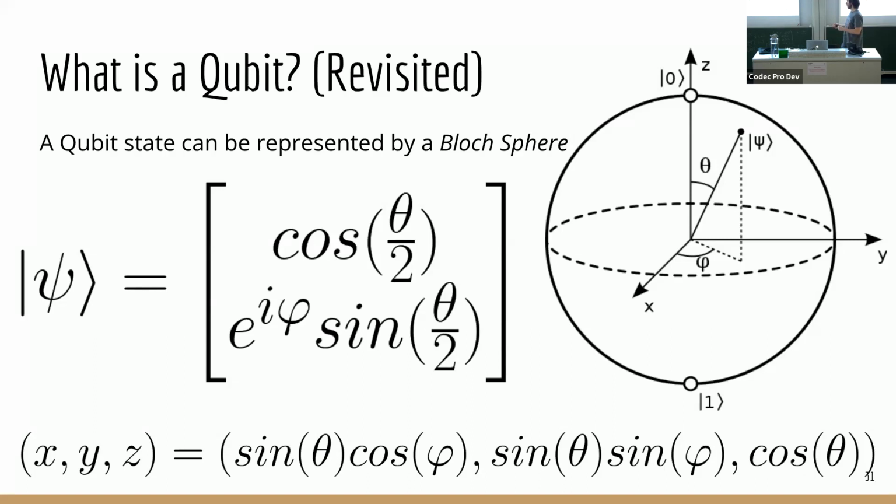Basically, if we have a qubit parameterized by a theta and a phi, we can take the qubit to be a point where theta is the angle between the qubit and the north pole of the sphere, and phi is the angle between the x-axis and the qubit here.